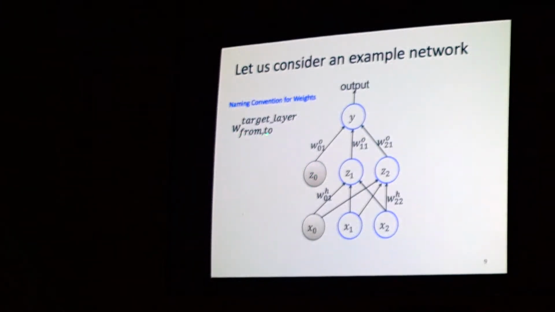And the next subscript is the index of the node this edge points to. Again, look at this edge. If we index the output node with 1, then we should put 1 here. So that's the way we denote each different weight, right?